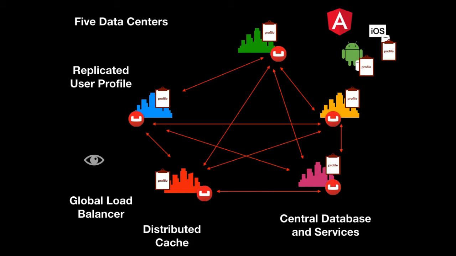So if a user was connected to one data center and they updated their profile, it would automatically be replicated to the other data centers. And that way, if the user was directed by the global load balancer to a different data center, when they arrived at that data center, their profile would be there and waiting. So the technology, again, for this was going to be Couchbase.